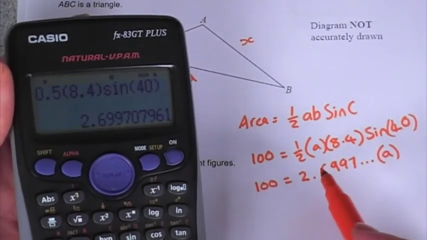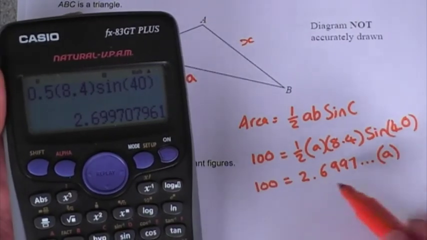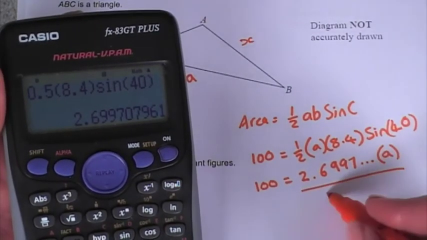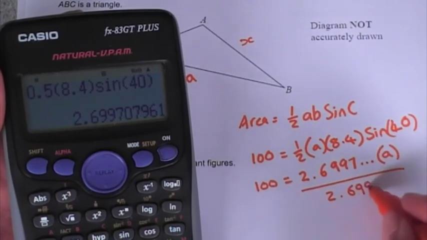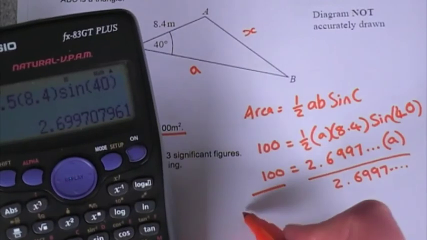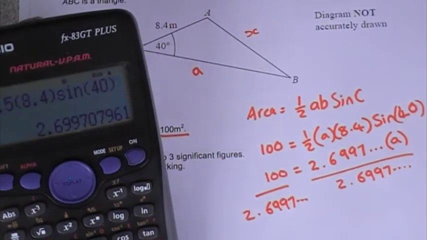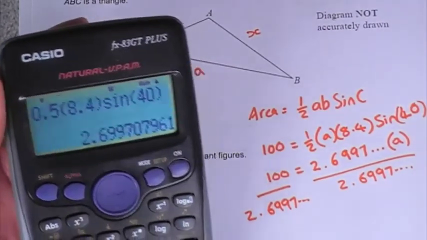So at this point, hopefully you can see that I'm going to need to get A on its own. Therefore, I need to divide this monstrosity away. And I'll need to do that on both sides. Now, I haven't pressed clear on my calculator display. I never do.